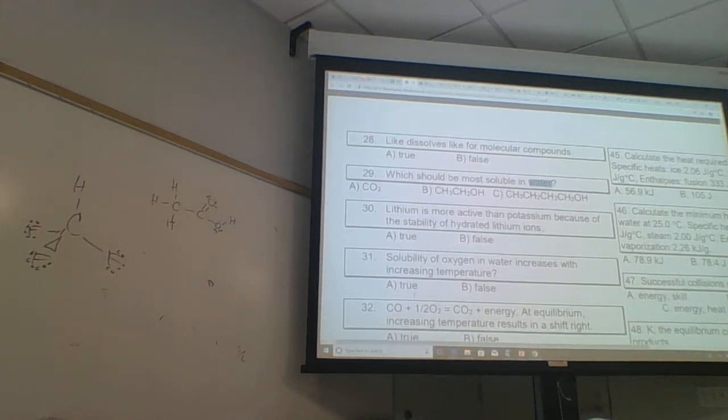Which one is it? A, CO2. What happens when you exhale underwater? Does the CO2 dissolve? No. Would it be C because there's more hydrogen?